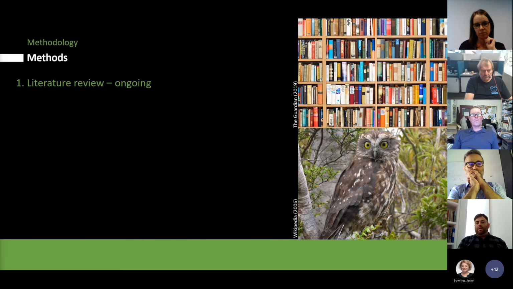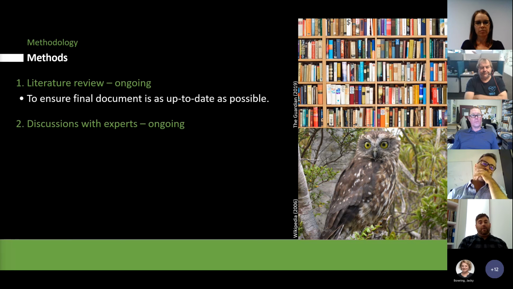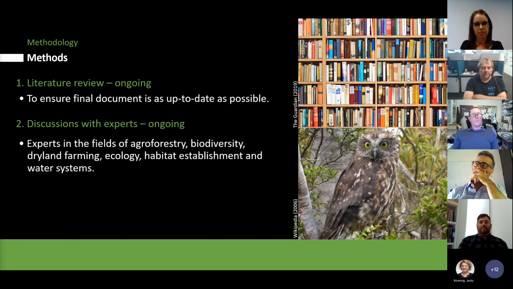The further methods will be literature review, which seems to be ongoing, and that will just continue through the process to ensure the final document is as up to date as possible. There'll be discussions with experts, which again will be ongoing throughout the research process, and will ensure information is as updated and accurate as possible.